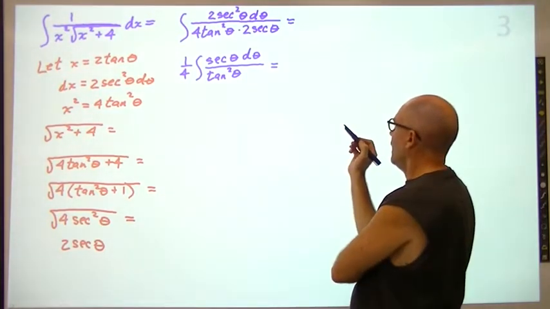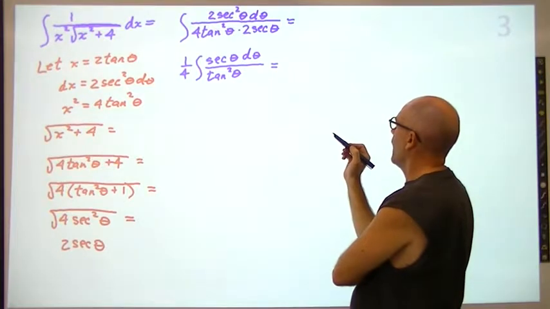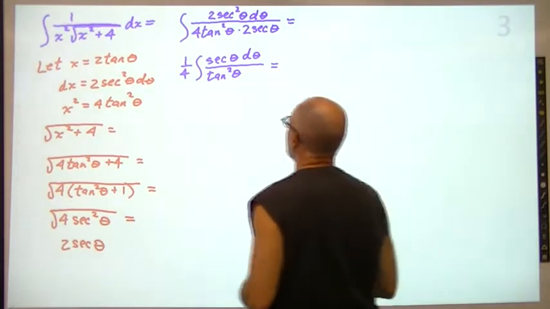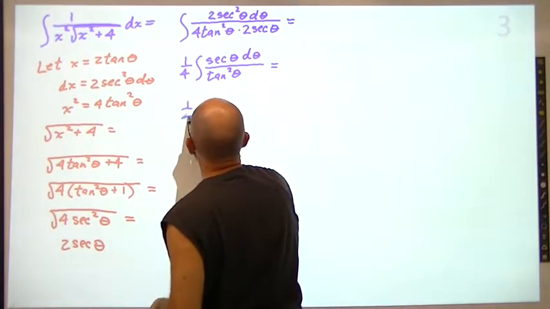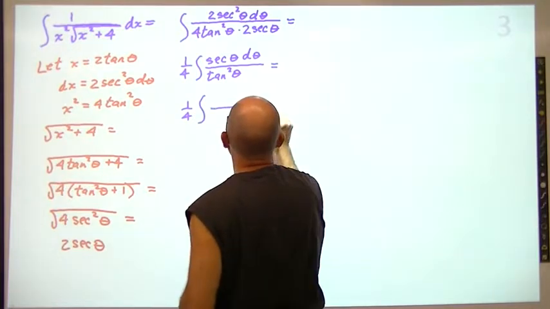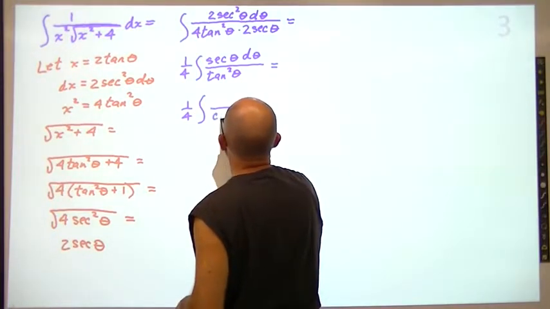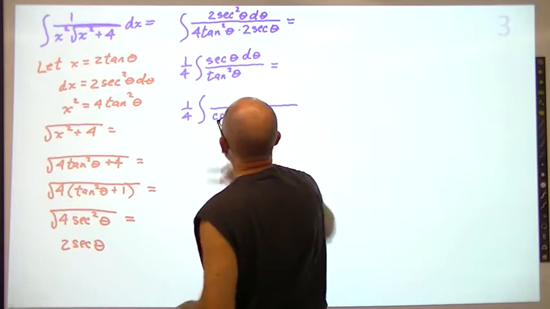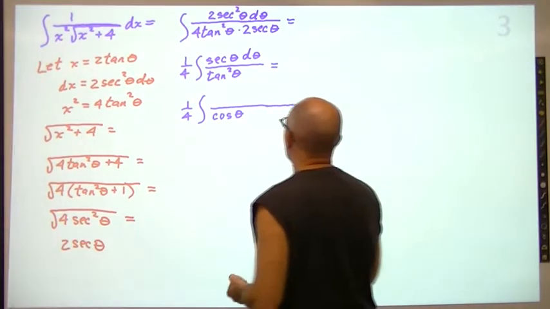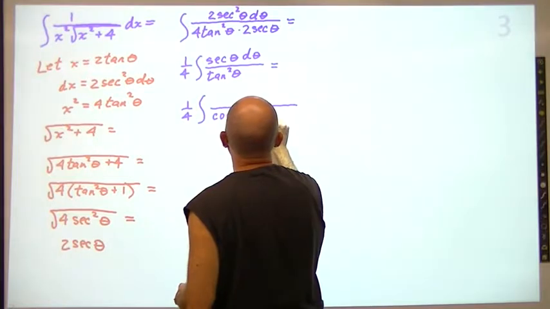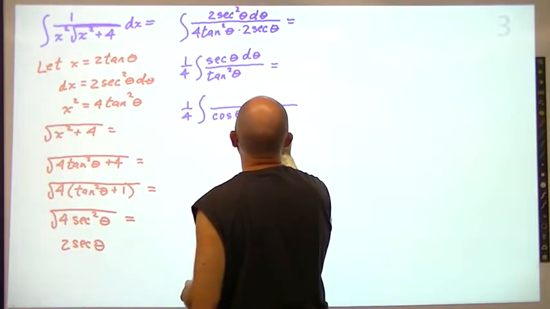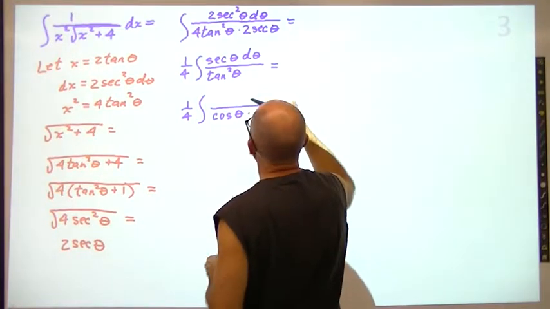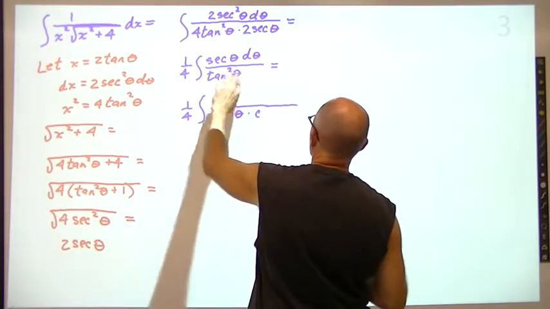Okay, now let's see. You know what, I would say the easiest thing to do here is put everything in sine and cosine. So notice this becomes 1/4. Now, secant is 1 over cosine, so I can just put the cosine theta on the bottom. And tangent squared is sine squared over cosine squared, and that's on the bottom.